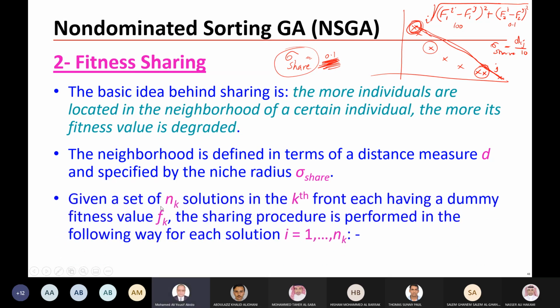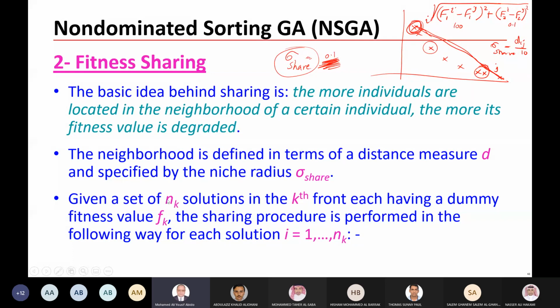Given a set of n_k solutions in the k front, in front k you have a number of solutions equal to n, each having a dummy fitness value f_k. So we have a dummy fitness assigned for the front.